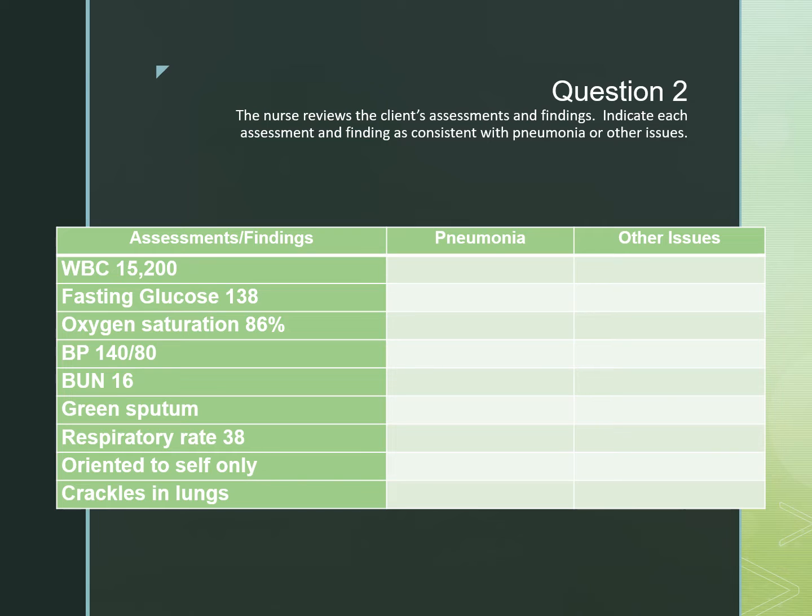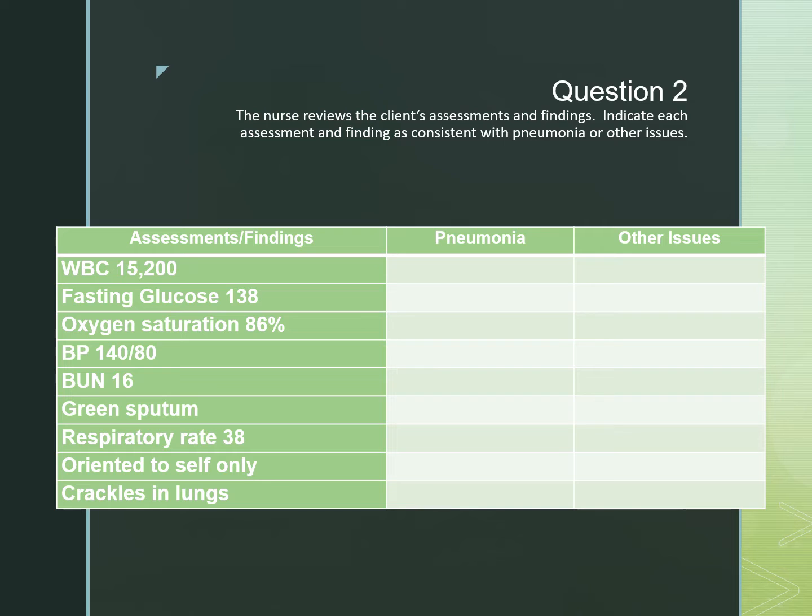The fasting glucose of 138, pneumonia or other issues. This one is other issues. Oxygen saturation of 86%, pneumonia or other issues. Definitely pneumonia. Blood pressure 140/80. This one is other issues.